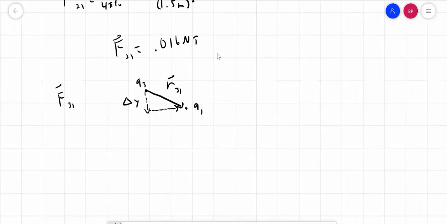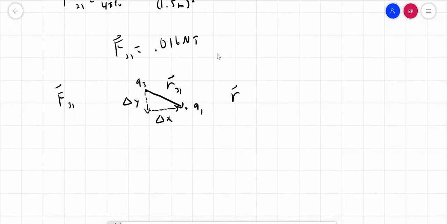These are the actual difference in the coordinate values of our points. So this will only give you the number, not the direction. You've got to figure out the direction for yourself. So we can see that we have to go in the negative y direction and the positive x direction. And so I just subtract the y values of Q3 and Q1 and then make it negative. And that'll be the y part of this. And then I subtract the x values of Q1 and Q3 and make it positive, and that'll be the x part of this.